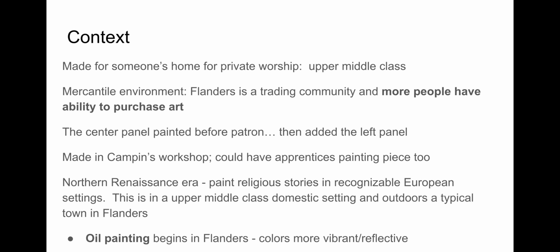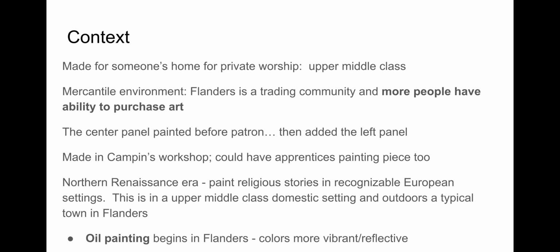We're in the Northern Renaissance era, and in the Northern Renaissance pieces, we are going to be talking a lot about setting religious stories, which definitely did not take place in like a Flanders and a Belgium or a France or any of these more European areas. But we're going to place those stories in the areas so that they become very relatable to the public.